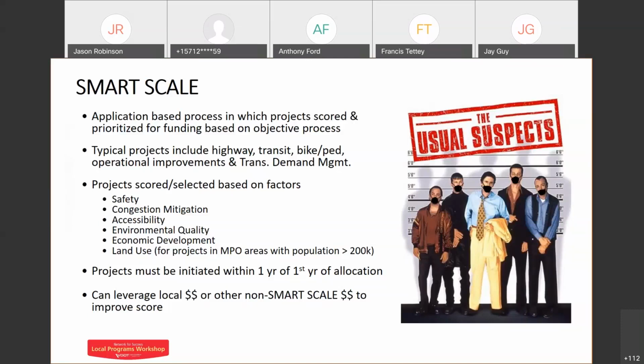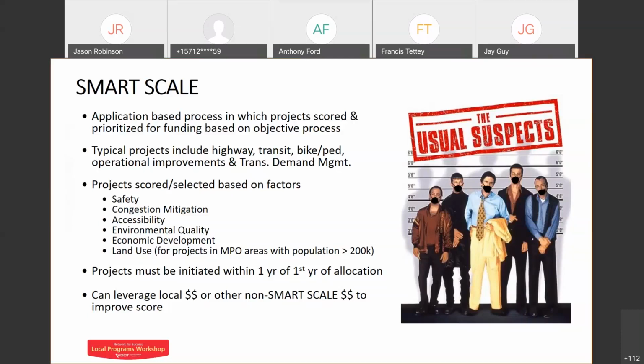I guess a key takeaway for today's discussion and the exercise we're going to do later this morning is that for Smart Scale, you can leverage local money or other non-Smart Scale money to improve your score. I always use the phrase to buy down your score, whether that's right or not.